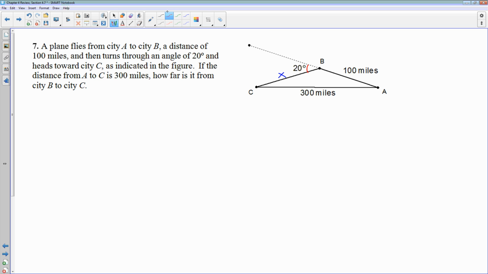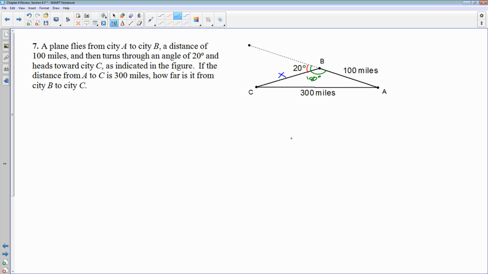So what I'm going to do with that, I noticed that this is a straight line right here. If I go all the way through A onto this dotted line, from A to B through that dotted line, that is a straight line, which means this whole thing has to be 180 degrees.